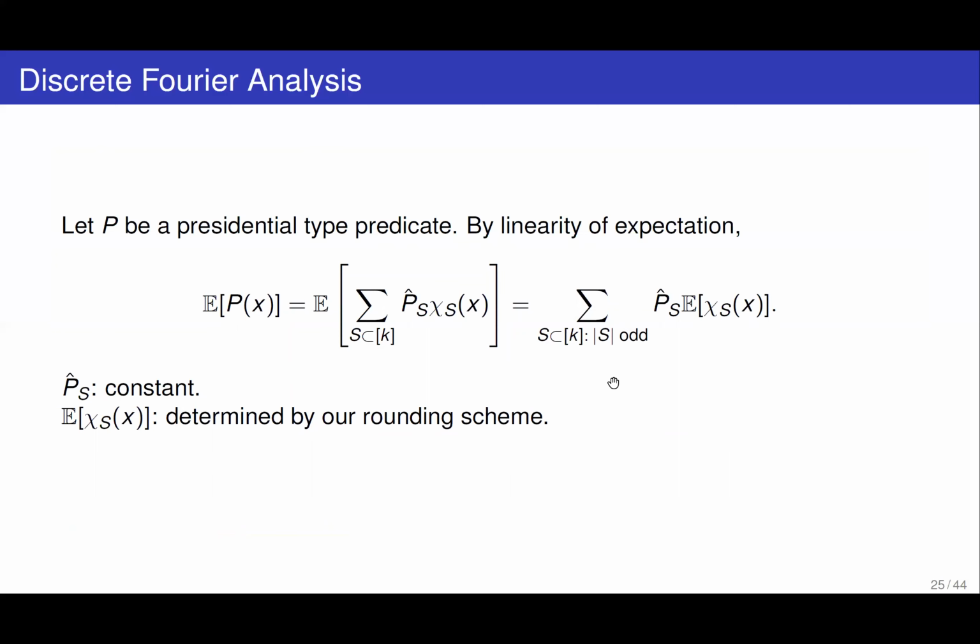By linearity of expectation, the expected value of P is equal to the expected value of its Fourier expansion, which is in turn equal to the sum of P hat sub S times the expected value of the monomials, where S is an odd subset of the integers between 1 and k. Here, P hat sub S is a constant defined by the predicate, while the expected value of the monomial is determined by our rounding scheme.